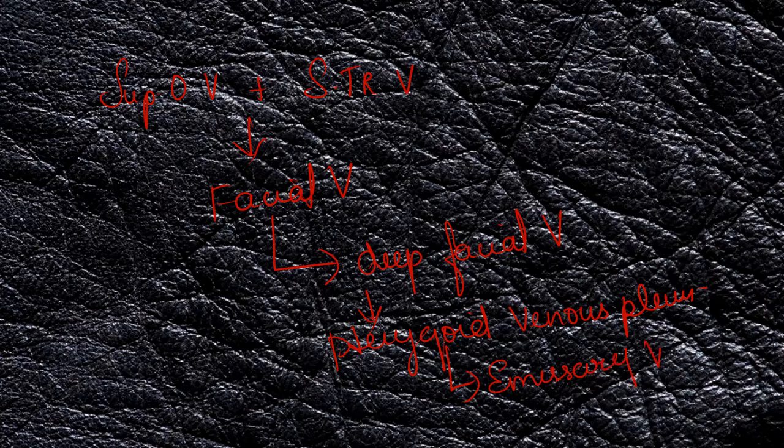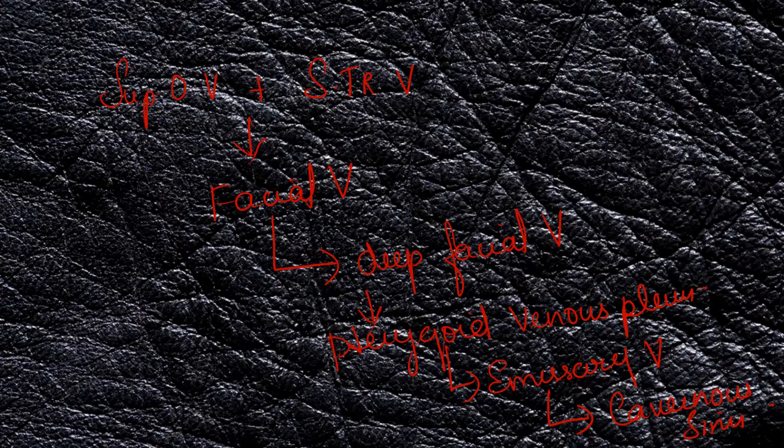The supraorbital vein plus the supratrochlear vein will give rise to the facial vein, which has a tributary called the deep facial vein, which in turn is connected to the pterygoid venous plexus, and from the pterygoid venous plexus comes an emissary vein, and from the emissary vein it goes into the cavernous sinus. Okay, so this is what you should know for the dangerous area of face.